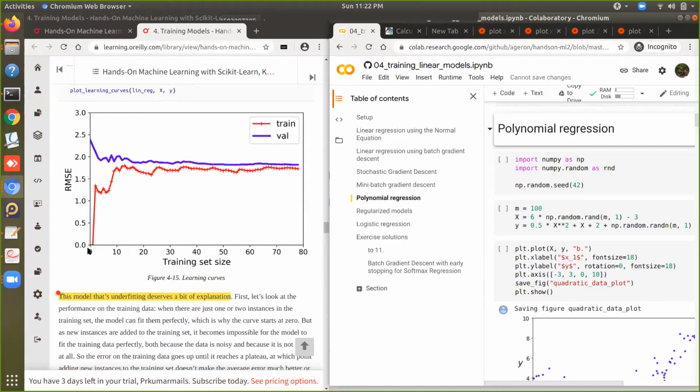When there are no examples, we don't have any training error, but the validation error will be high at first. When we have 1 or 2 examples, the model will learn them very well, but it will do the inference very poorly.